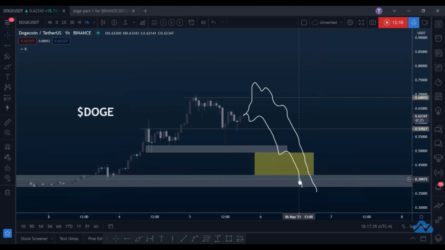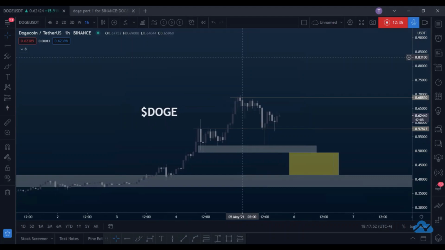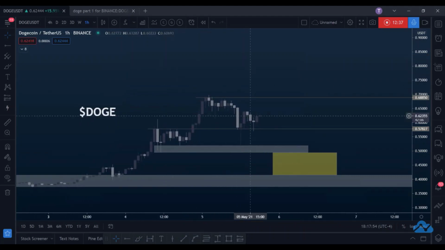That's just what I'm looking at. I'm planning for price to come below 40 cents and to enter a position. If this doesn't happen, then you have to adapt to the chart and play it as it goes along. That is just my plan.